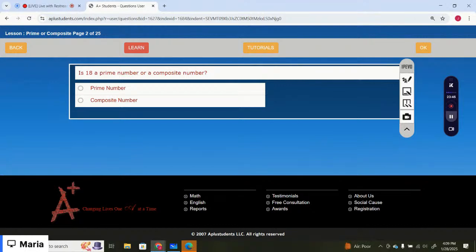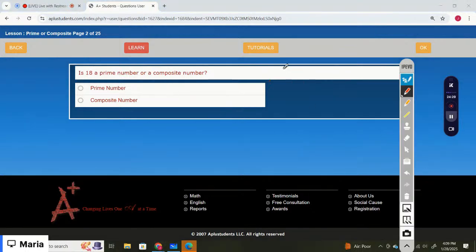Is 18 a prime or composite number? 18 is a composite number because 18 has more than two factors.